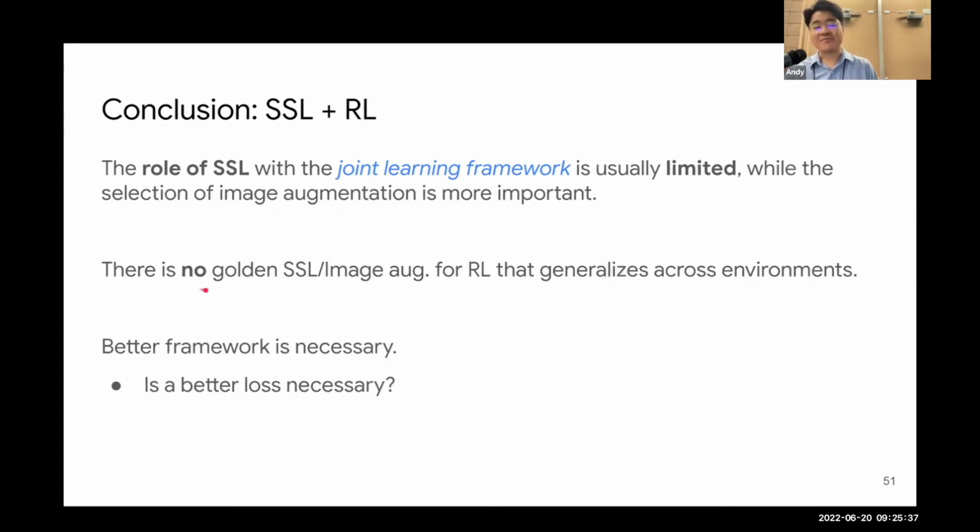We were able to find that there is no golden self-supervised learning or image augmentation for reinforcement learning that generalizes across environments, which is a bit disappointing because we tried to combine self-supervised learning from computer vision with reinforcement learning for robot learning, and yeah, it didn't work. A better framework is probably necessary in combining them, not just this joint optimization framework. And whether we need a better loss function or not, that's an open question, I think, from here.